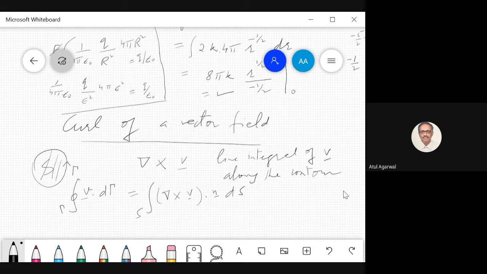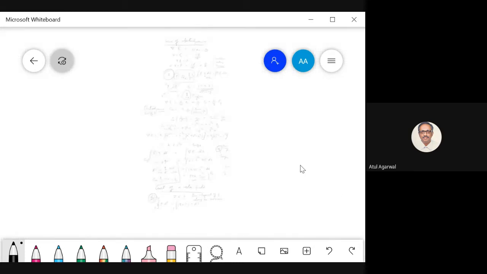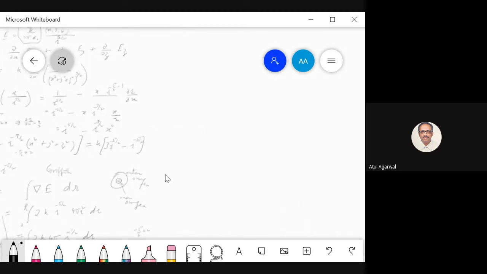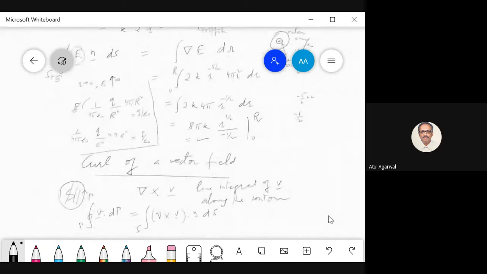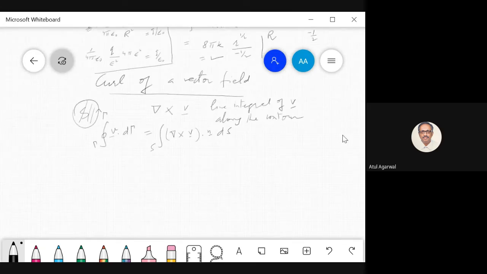Now we take the electric field. So what was our electric field here? 1 upon 4 pi epsilon naught q by r square E_r. If you find the curl of this, this is also called circulation.